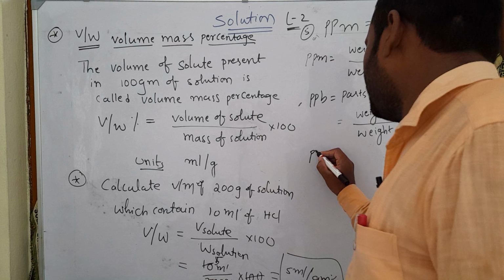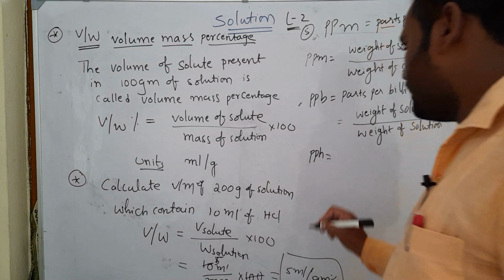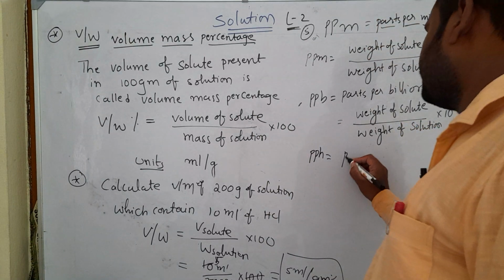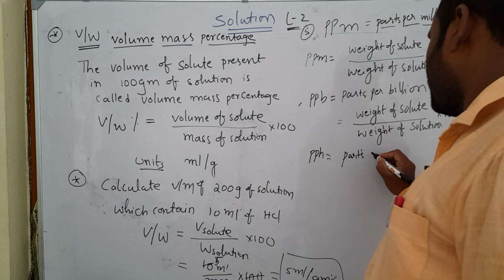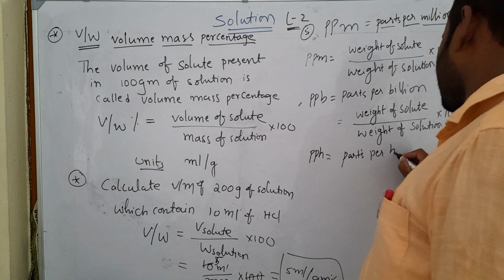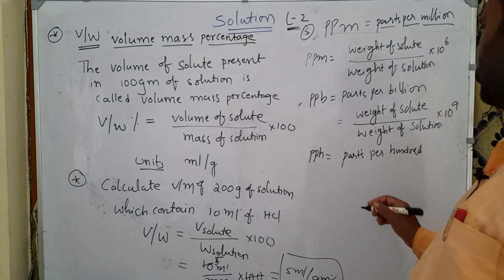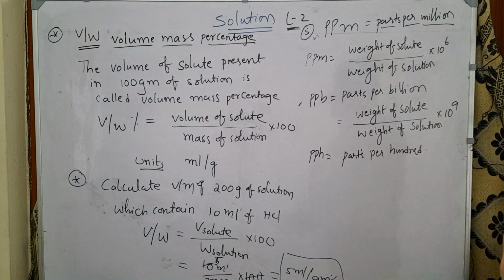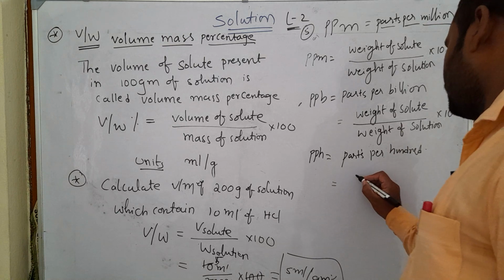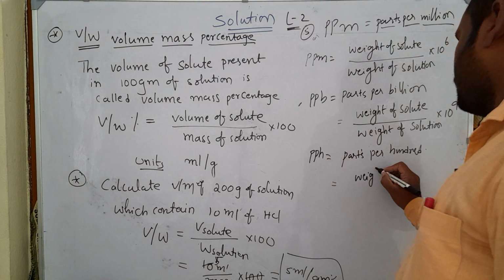And we have pph also. pph means parts per 100, that is the number of parts present in 100 parts.